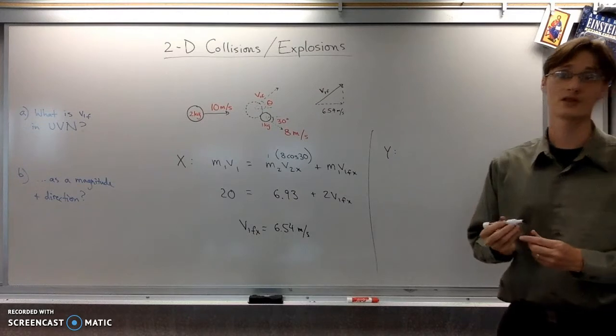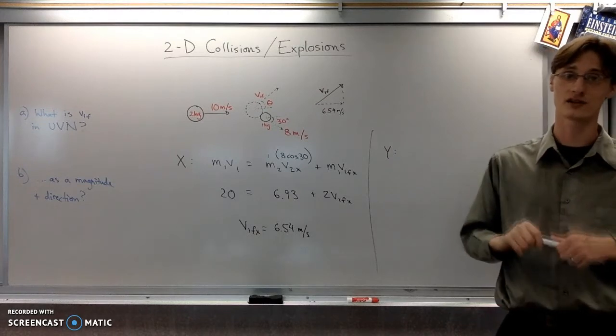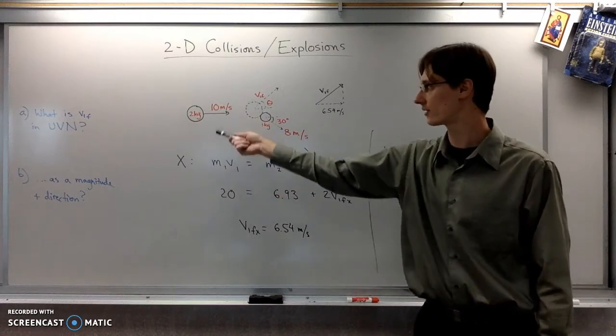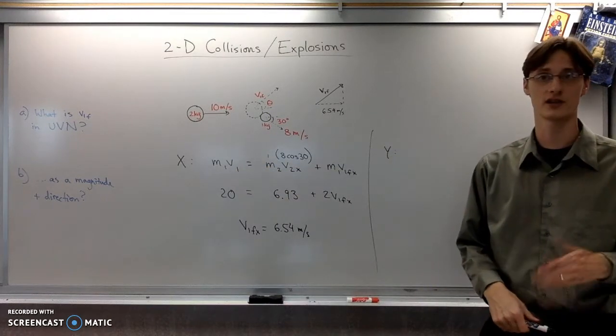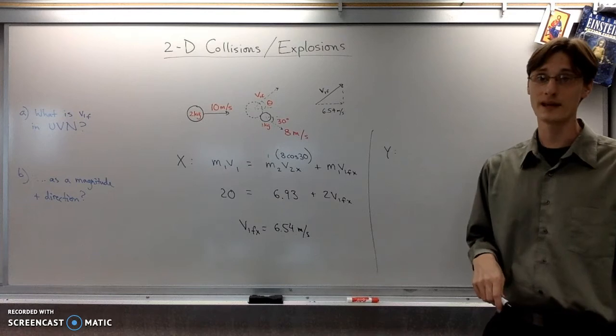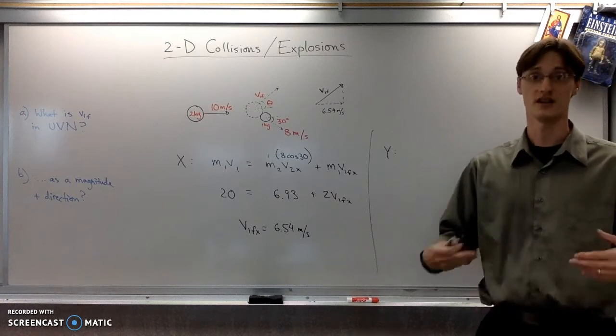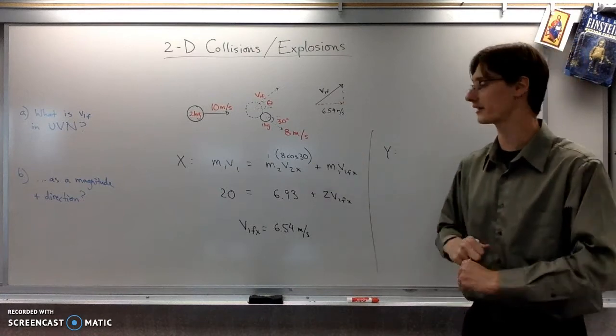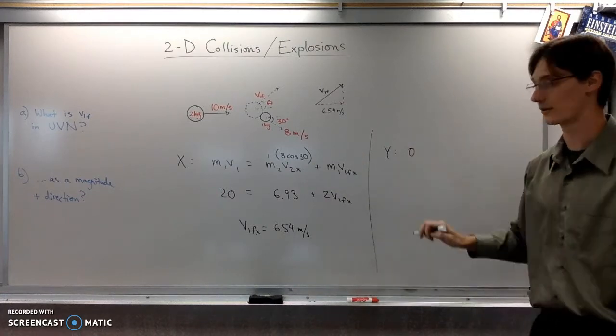Remember, we said momentum's conserved independently along the two axes. So this is our x equation. This one had momentum in the x direction initially. The initial y momentum is nothing. Nothing is moving along this axis initially, so we'll just put 0.